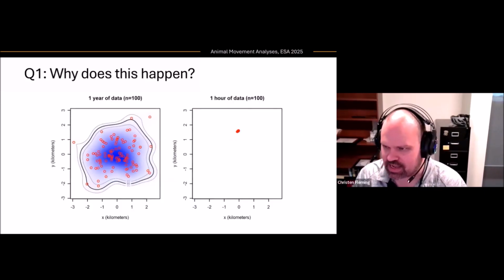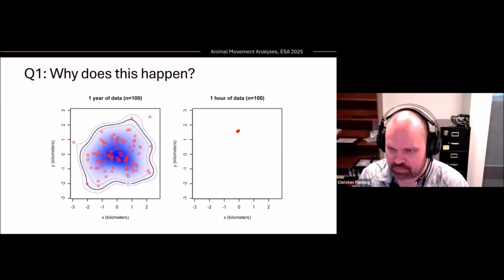So the why is not too hard to answer. Here I simulated the same amount of data from a known process where this simulated animal takes about a day to cross its range. On the left, I simulated 100 points over the course of a year.